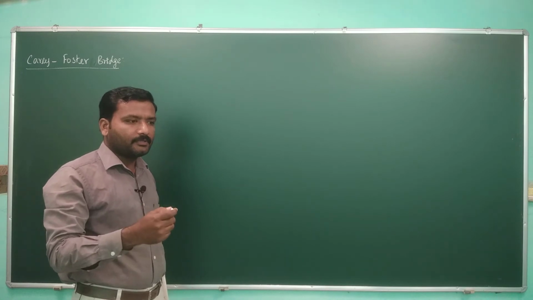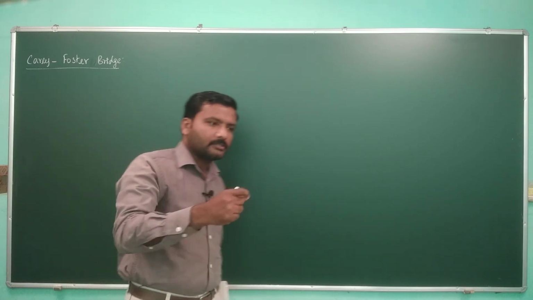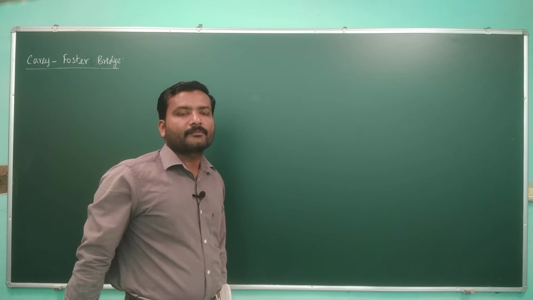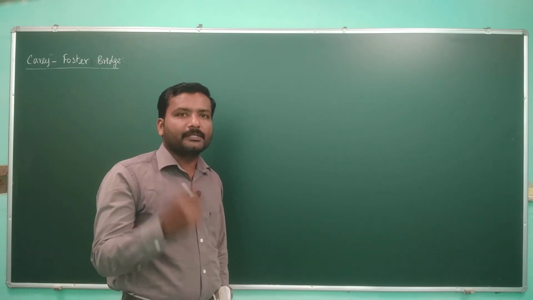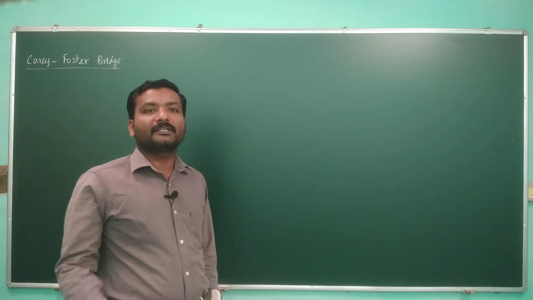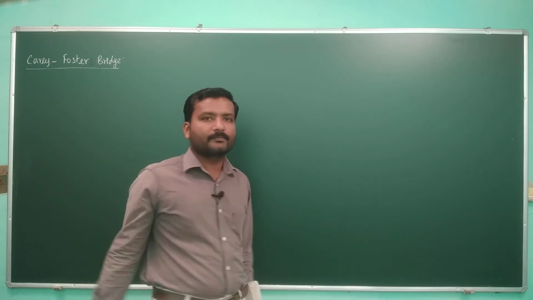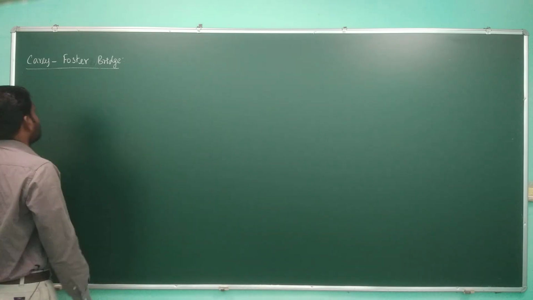It is specifically designed or arranged in such a way that it is used to identify the value of a given unknown resistance. Let me draw the Carey-Foster's bridge first, then in due course we will compare this with the classical Wheatstone bridge, and see how similar these two are. Essentially both are the same.